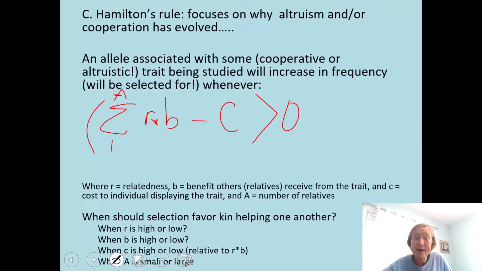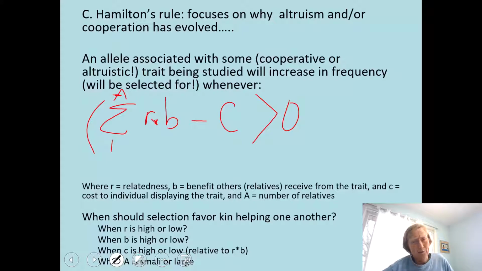B represents the benefit to that relative. So R times B represents the benefit to a relative times how closely they are related to you, minus C, the cost associated with the helper who is doing the job of cooperating. How much is it going to cost that individual?